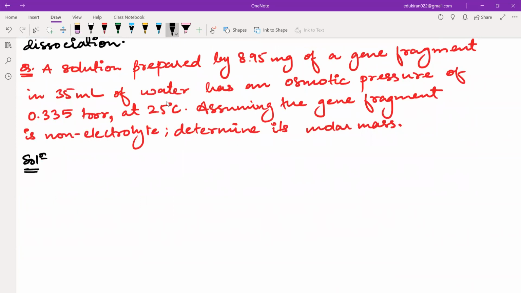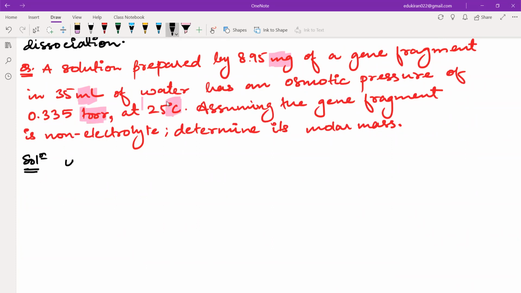Now this is a pretty straightforward question. But first of all, you have to convert everything, because you have milligram, milliliter, torr, and degree Celsius. You have to convert these units.